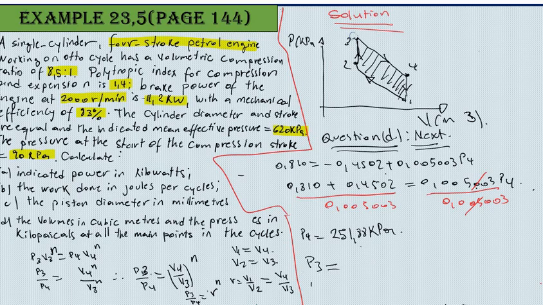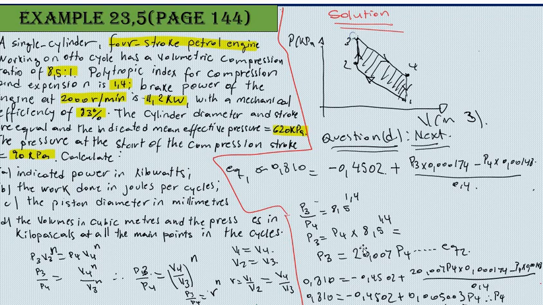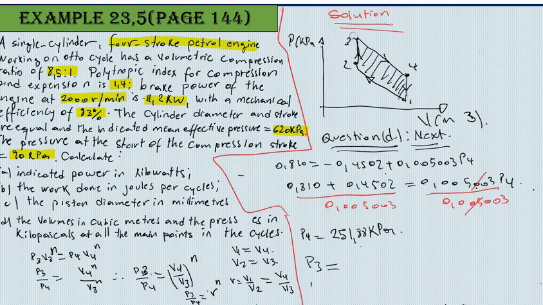You know that P3 is equal to, I'm referring to this relation here, 20.007 multiplied by P4. So that gives 20.007 multiplied by 251.88.